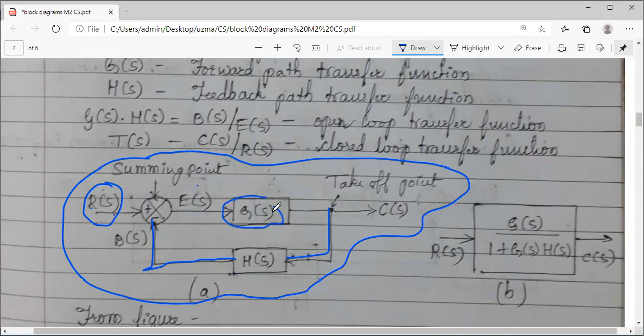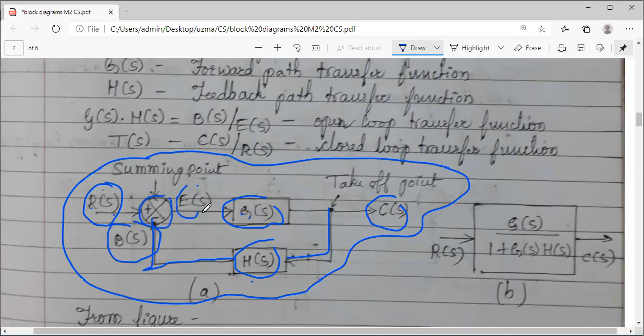G of S is the forward path or the open loop gain. C of S is your controllable output of the system. And if you see, there is an H of S. This indicates your feedback path gain. And G and H are nothing but the transfer functions. G of S indicates forward, H of S is the feedback, and B of S represents the feedback signal, which is fed here.